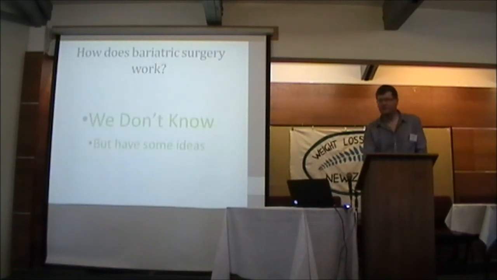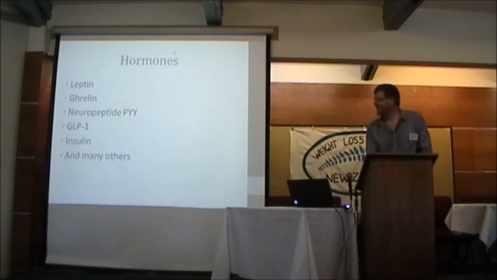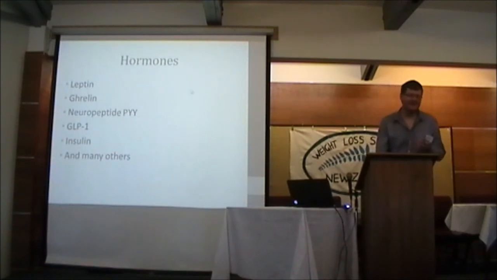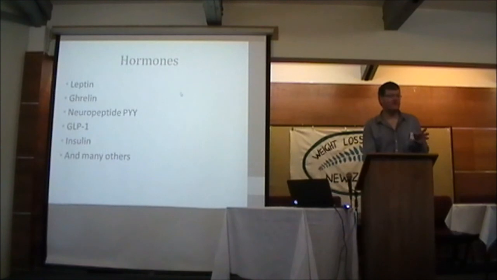So if they're not working through those two mechanisms, how are they working? Well, the plain and simple answer is we don't know how it works, but it works really well. But we've got a few ideas. And like I alluded to earlier, weight loss surgery works via hormones and nerves. They are the predominant mechanisms. Obviously, lots of hormones are changed, and we can measure these after surgery.